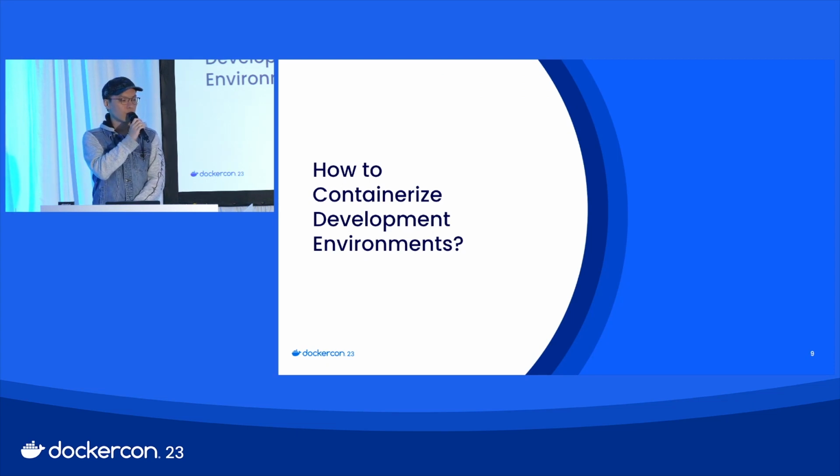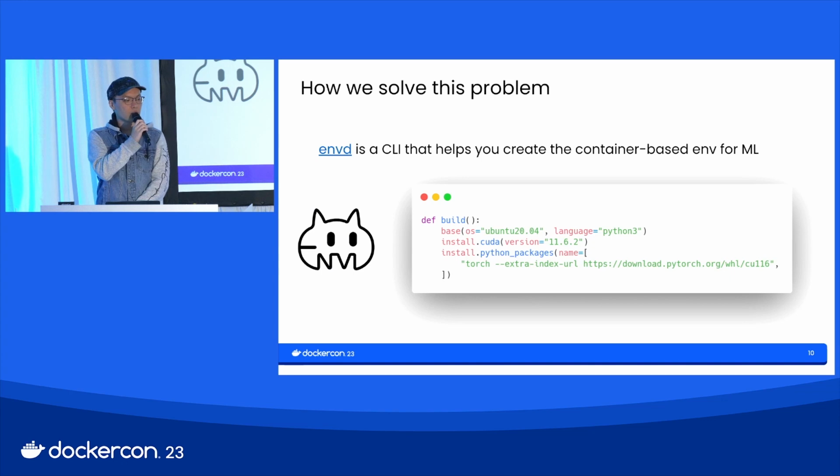So how do we help machine learning scientists containerize their development environments? We've written CLI tools to help users create container-based environments for machine learning. The syntax looks just like Python. It's actually a dialect of Python called Starlark, originally brought up by Google.